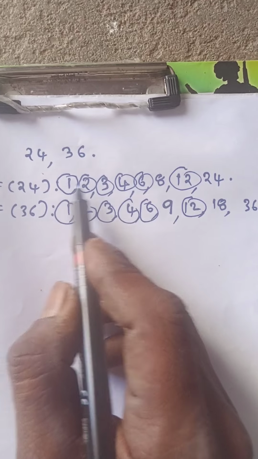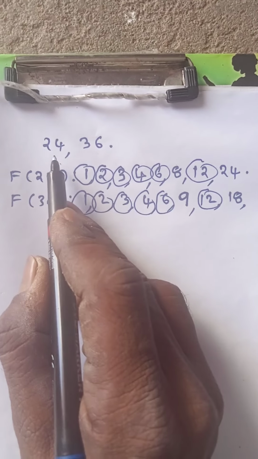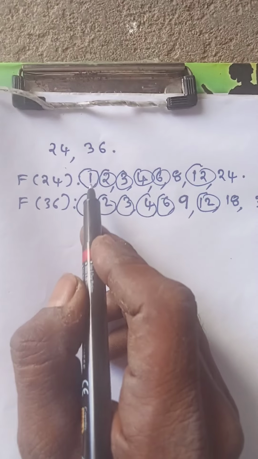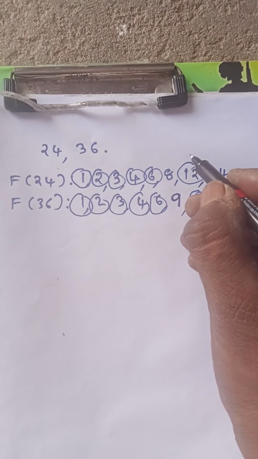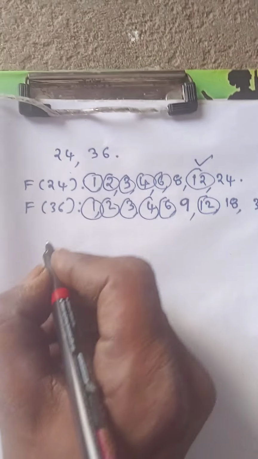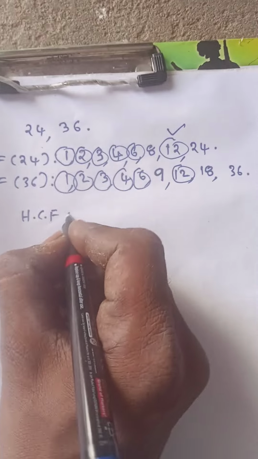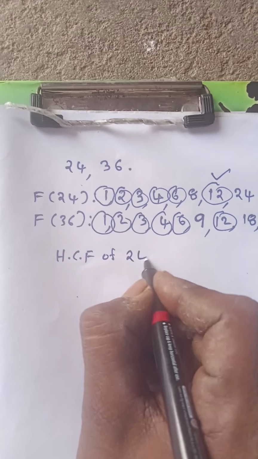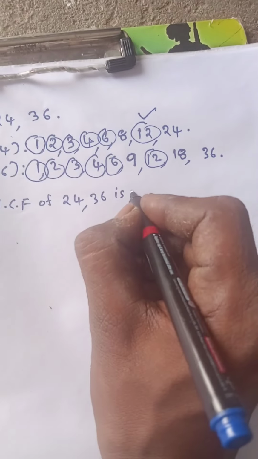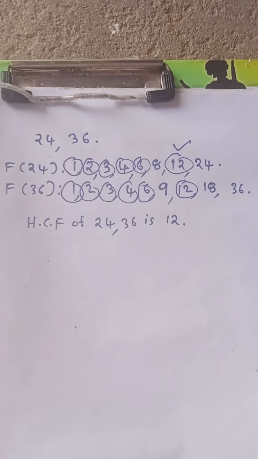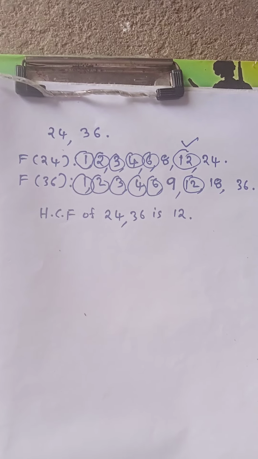So 1, 2, 3, 4, 6, 12 are all the common factors of 24 and 36. Among all these common factors, the highest common factor is 12. So we conclude that the HCF of 24 and 36 is 12. Like that we can know the HCF of two given numbers.